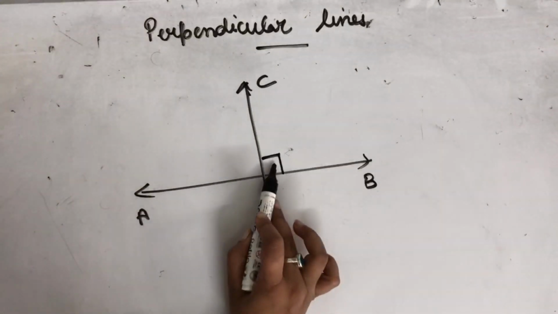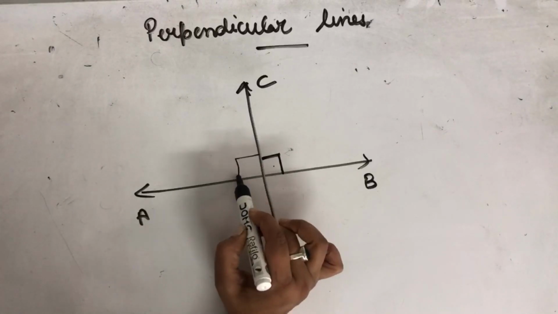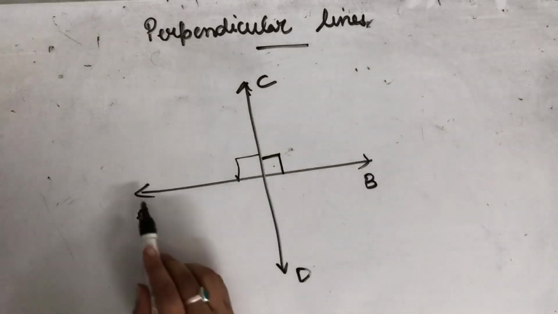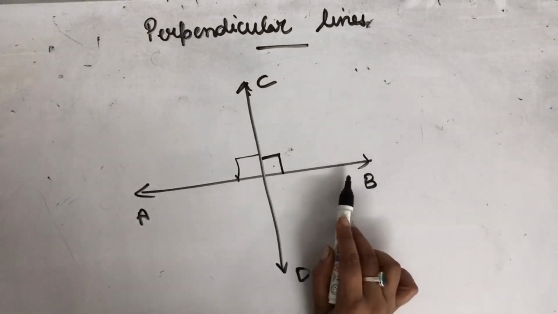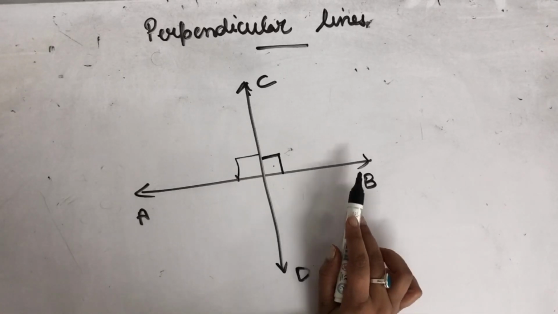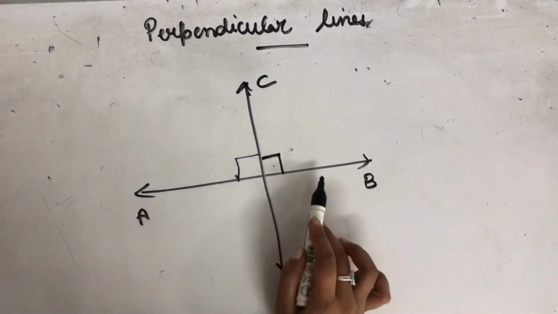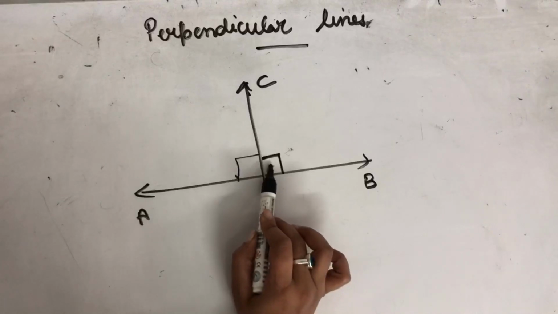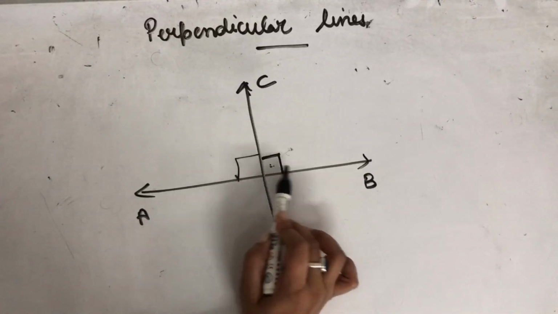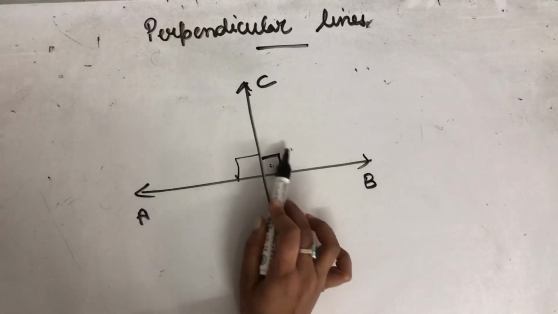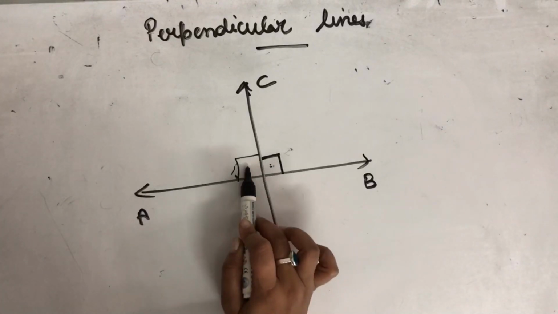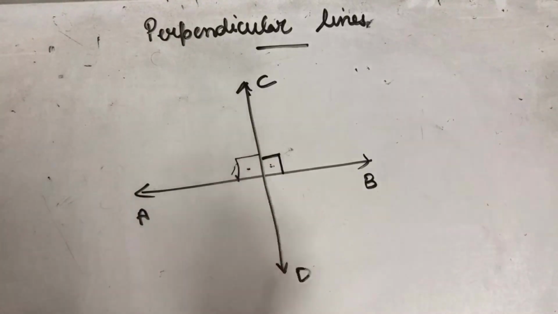If this one is 90, so this is also 90. Why? Because this AB is a straight line and straight line has straight angle, that is 180 degree. So it means if this angle is 90, then this whole angle should be 180. So this one will be also 90.